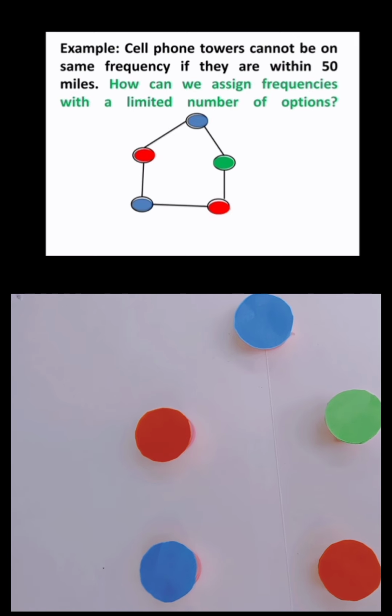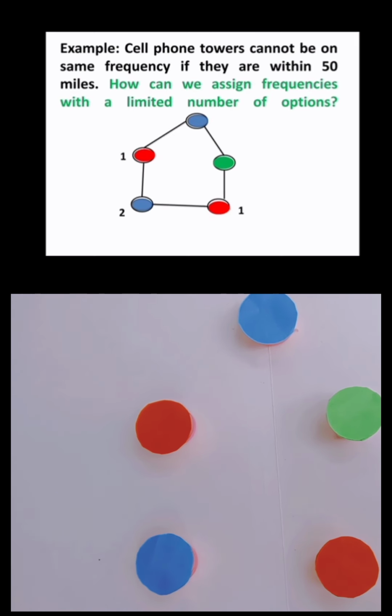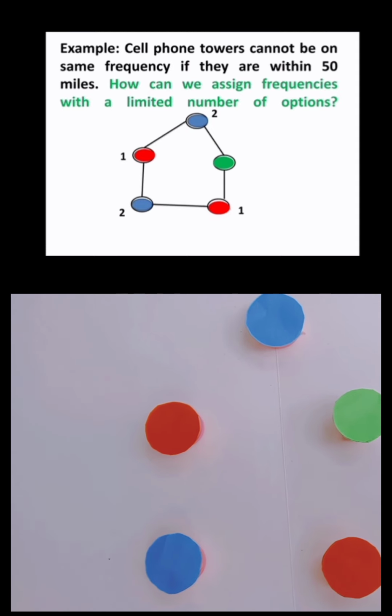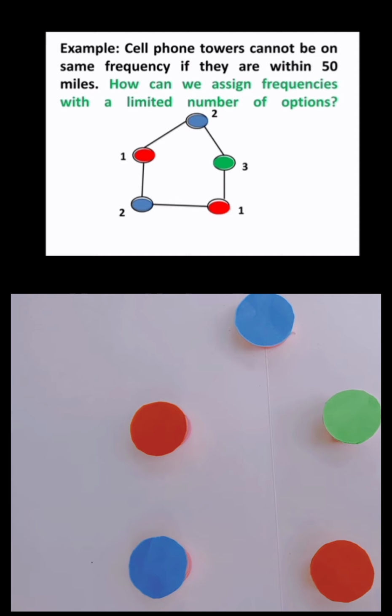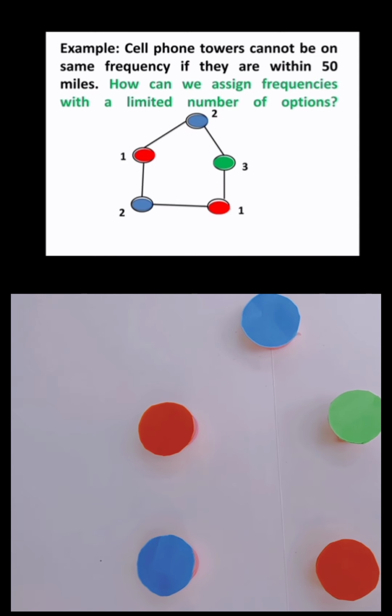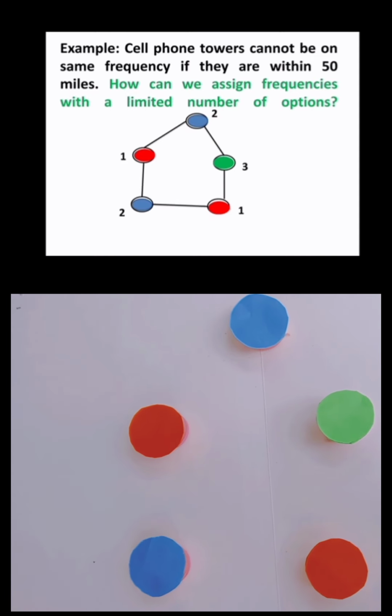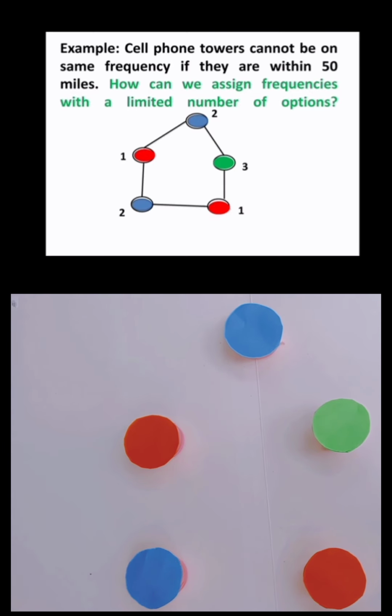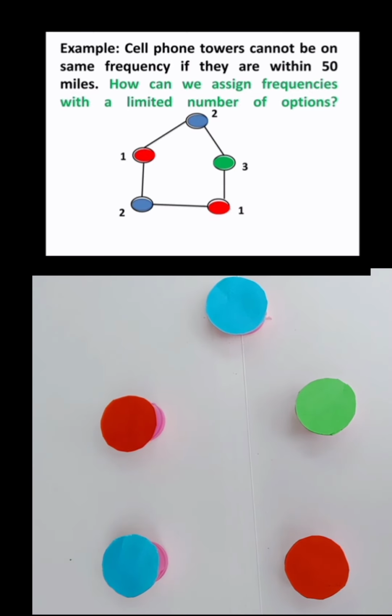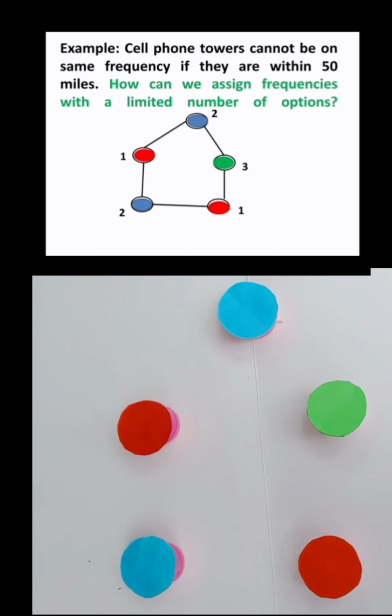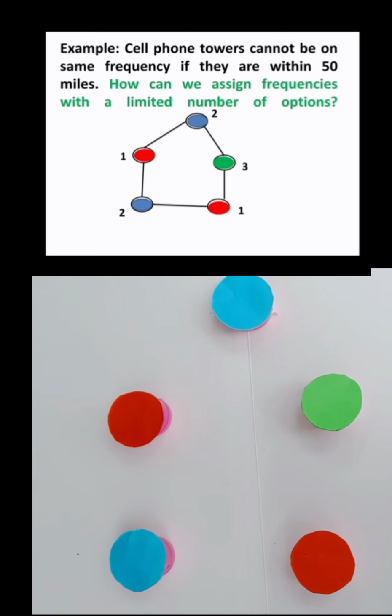So red is 1, blue is 2, and green is 3. What we want is that if any two vertices are connected by an edge, they have to have different numbers. But it's a lot more exciting if we think of this as coloring. So we're going to keep the analogy of coloring, and that's really what it's called.